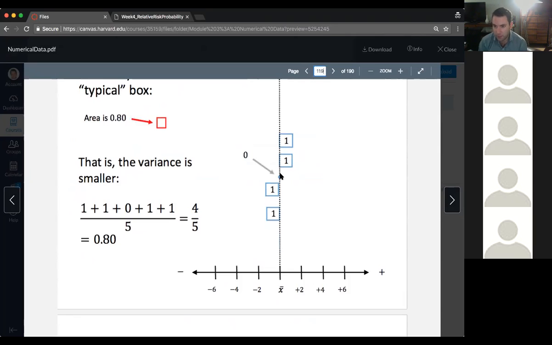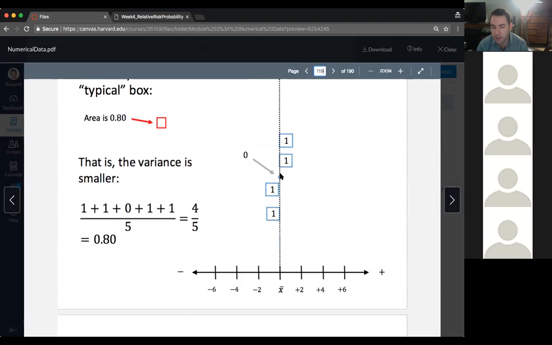So if we're dealing with, let's say, the weight of students in a class, the variance is going to be expressed in units of pounds squared, which doesn't really make too much sense to us because we don't use the unit pounds squared very often.